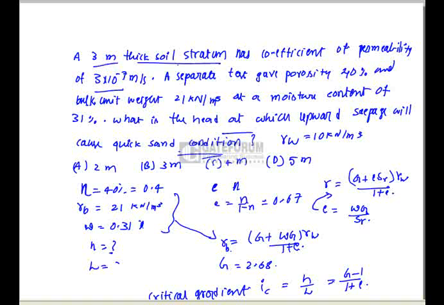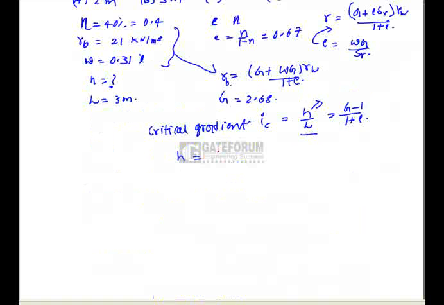So the head causing flow H is equal to 2.68 minus 1 by 1 plus 0.67 into 3 meters, that is equal to 3.018 meters. That implies option B is correct.